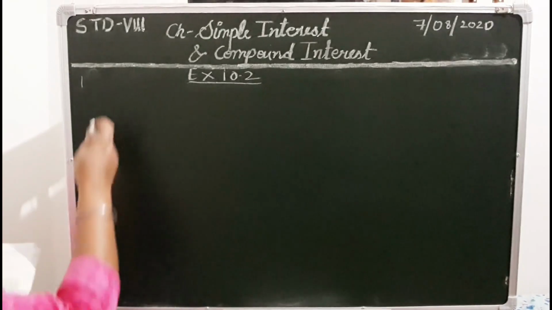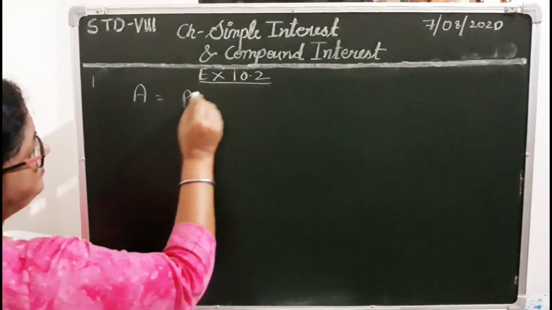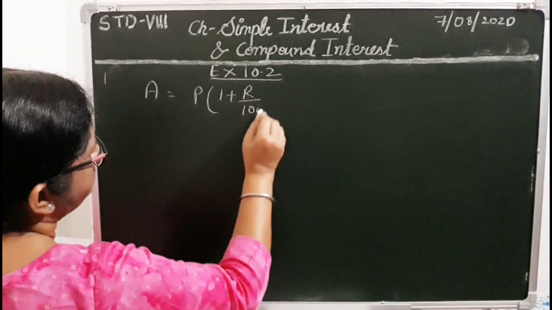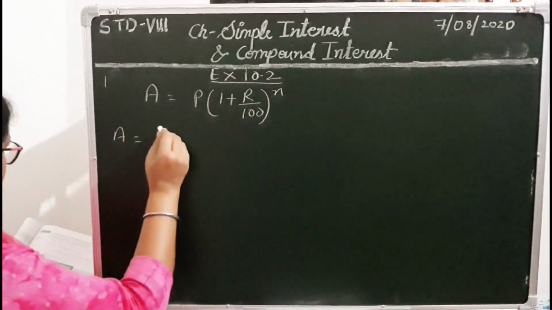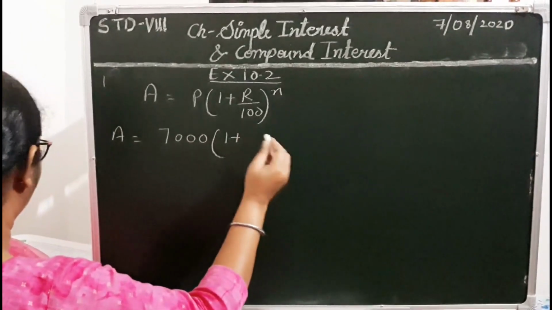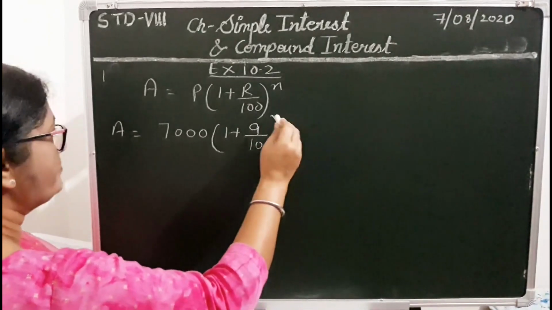Second method, amount is equal to P into 1 plus R over 100 to the power of time. Here principal is 7,000, rate is 9%, time 2 years.